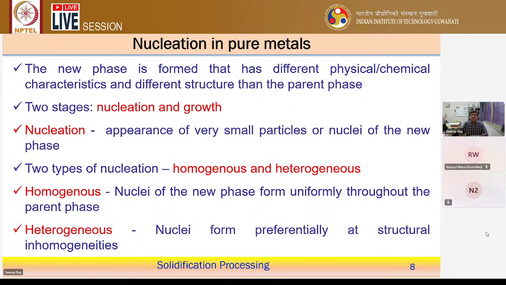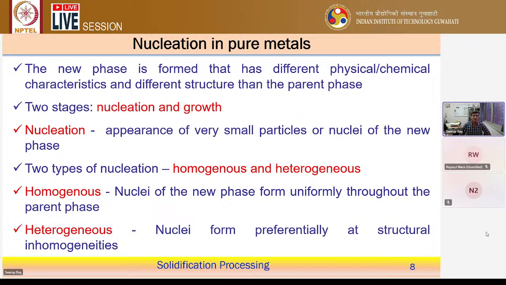In this case, very small particles are created, for example a solid phase is created from the liquid phase in the form of nuclei, so a new phase has been created. Once nucleation occurs and favorable conditions arise, the nuclei sustain and then grow, following the growth phenomena associated with any solidification process.